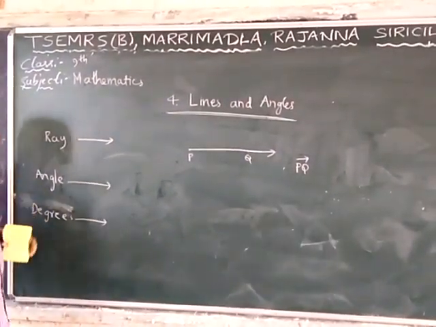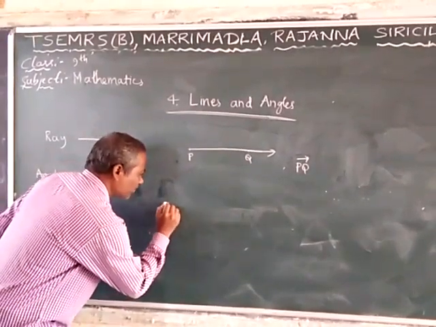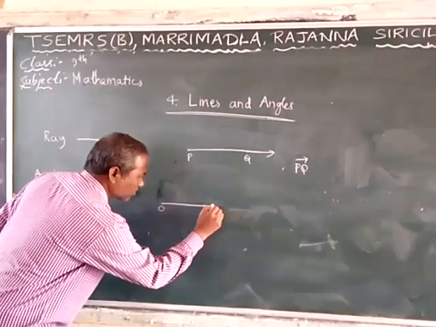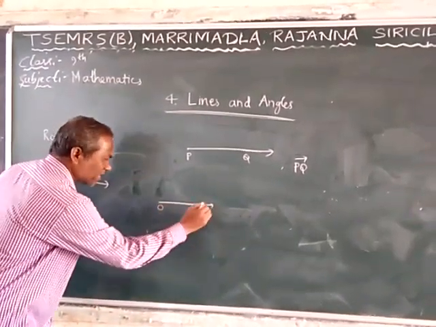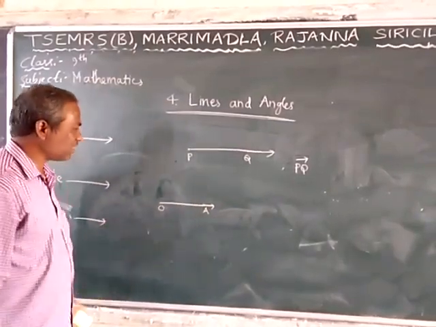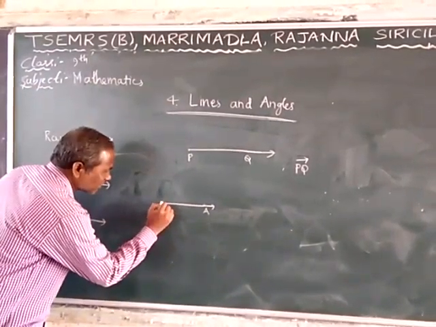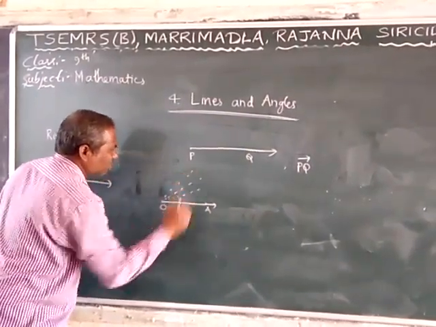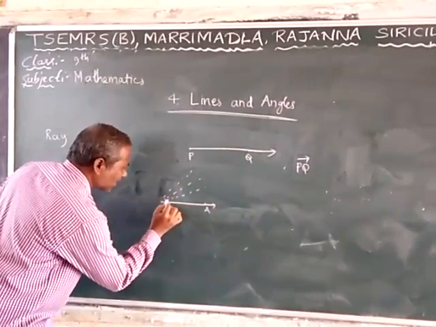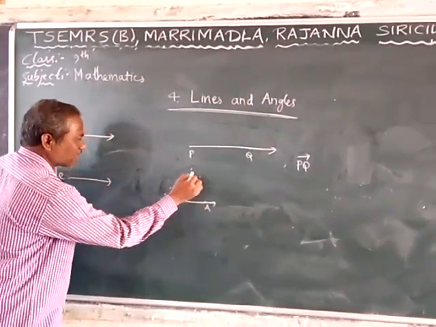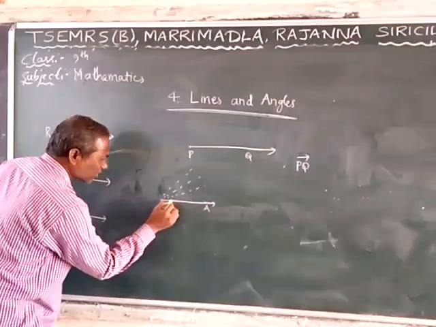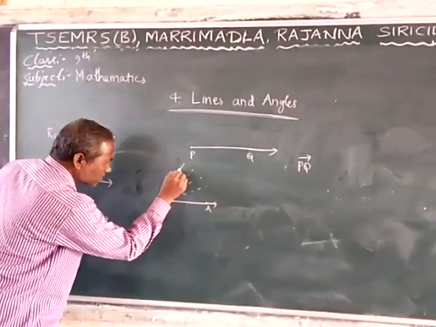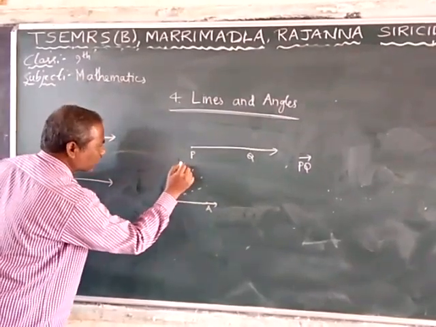An angle is formed if you take a ray, suppose O and A. O is the initial point, some other point A is on this ray, and if it rotates like this, at some time it is at this position, and if we rotate it this way, at some particular time suppose it is at this point OB.